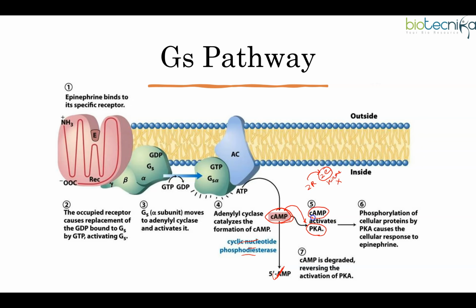Okay, but the regulatory site has a binding site for cAMP. So whenever cAMP comes and binds to this regulatory site, the catalytic subunits will get activated and the PKA molecule will be able to phosphorylate other proteins because it is acting as a kinase. So once PKA is active, it will phosphorylate other cellular proteins and it will cause the cellular response, which is for the epinephrine. Okay.